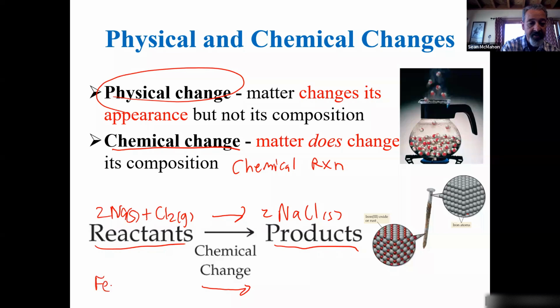I have iron, which is a solid, and oxygen, which is another diatomic, O2, and I form iron 3 oxide. So that formula, we'll get into this later. And it's got to have an S to show that this is solid. Now, to balance this, I have to have the correct number on each side. There's 2 oxygen here.